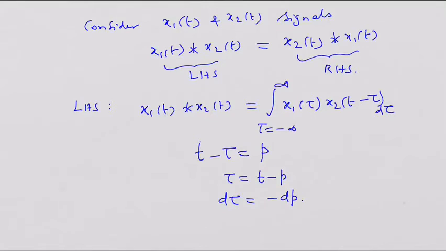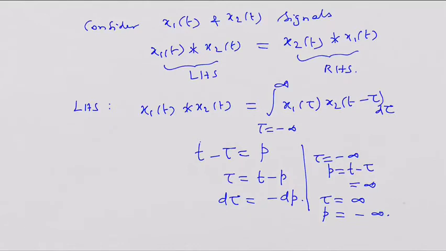Whereas if tau is equal to minus infinity, then p is equal to t minus tau, so it will become plus infinity. And you can notice if tau is equal to plus infinity, p is equal to minus infinity.